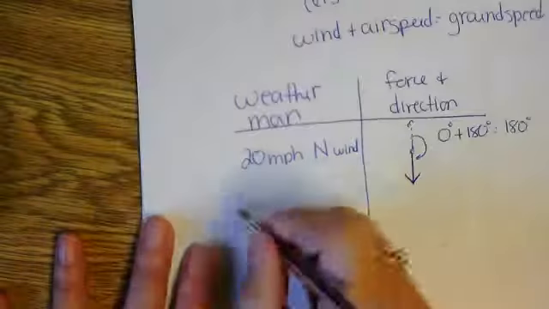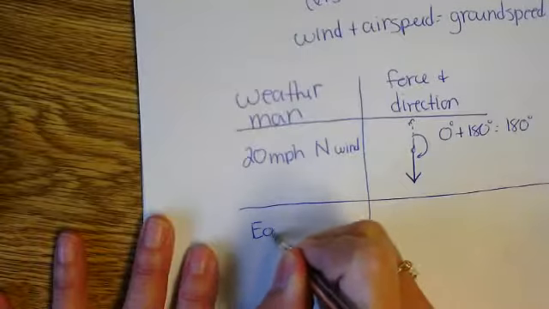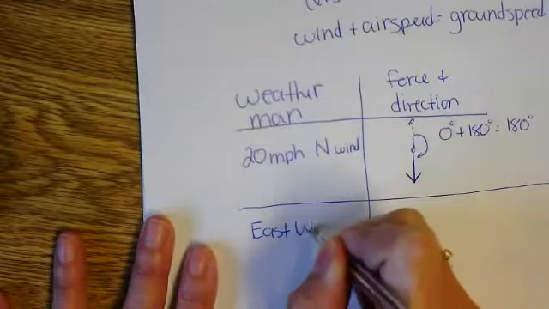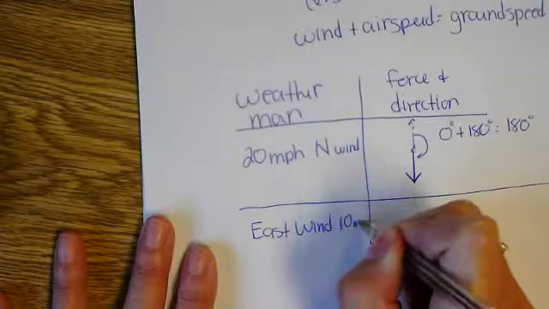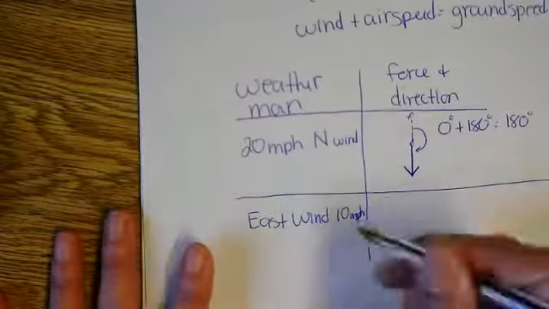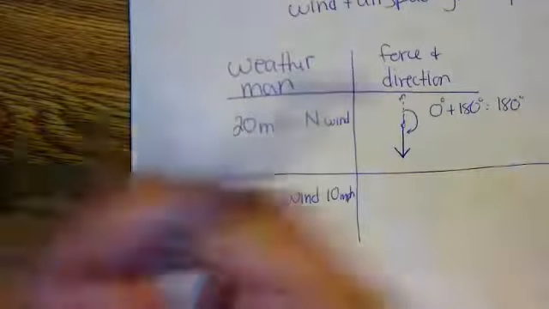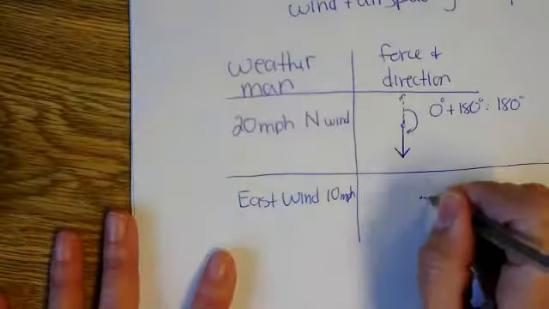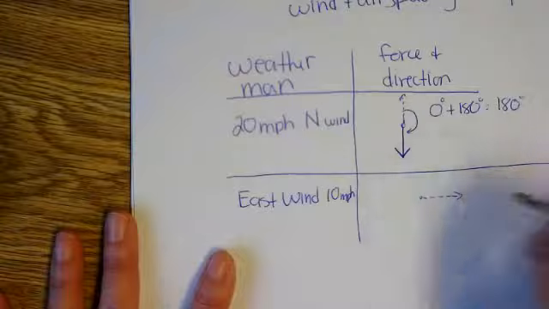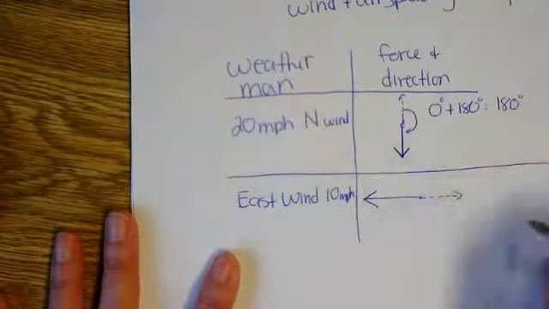So if he says there's an east wind at 10 miles per hour, you know east is to the right, but what he's telling you is it's blowing out of the east, which means it's going to push everything to the west. So east is where it's coming from. It's going to push west.